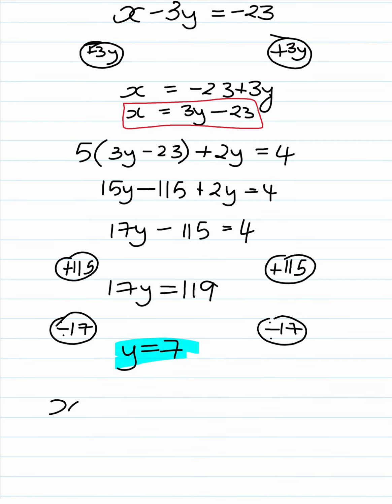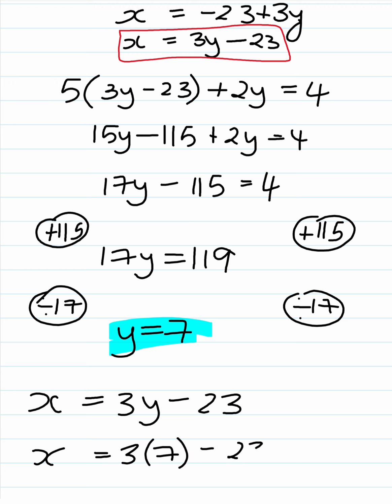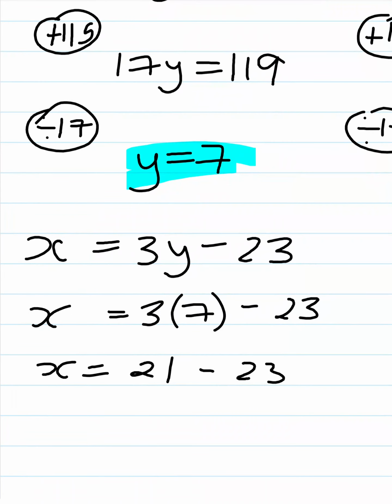This means x is equal to 3y minus 23, or x is equal to 3 lots of 7 minus 23. x is equal to 21 minus 23, which gives us a value for x of minus 2.